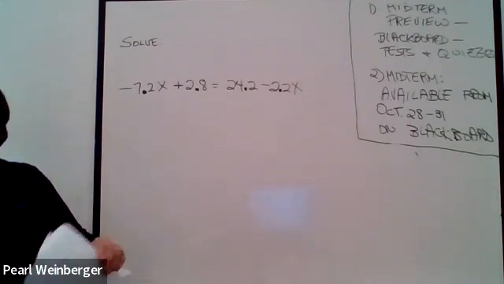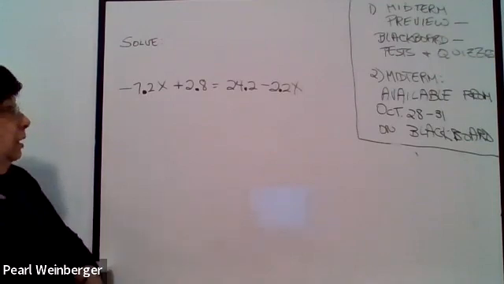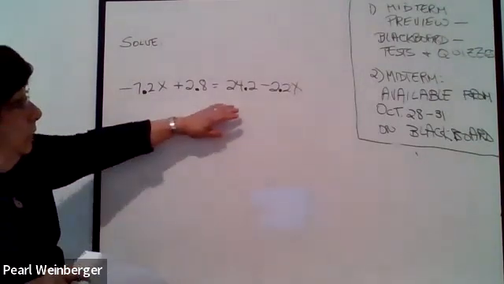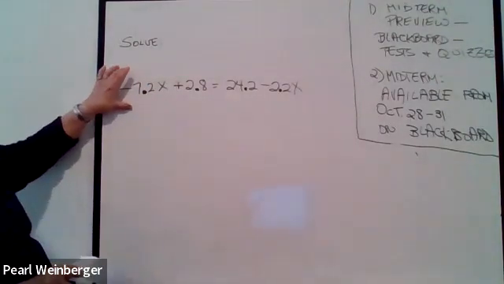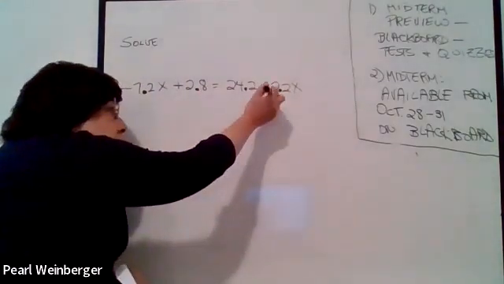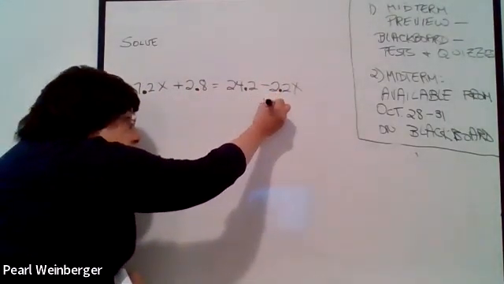Okay, let's work on this together. Whenever we want to solve a regular equation, we want to always bring the x's to the left and the numbers to the right. So the first thing I'm going to do is add 2.2x to both sides.